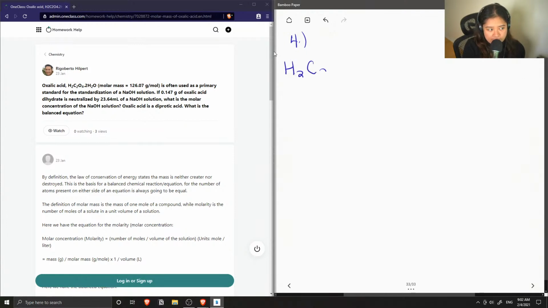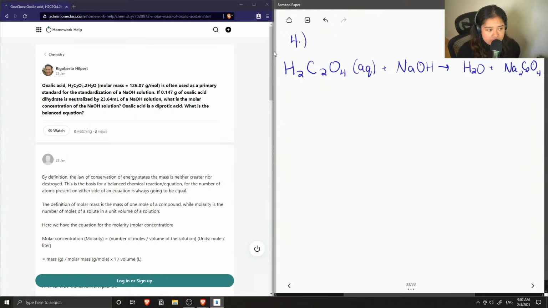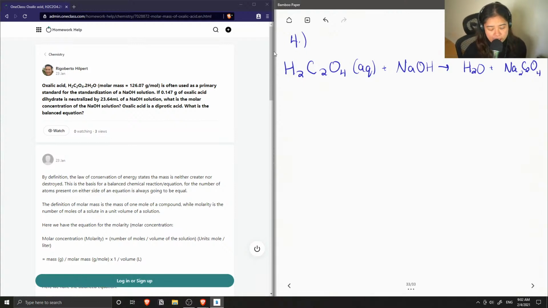If we had oxalic acid plus sodium hydroxide produces water and a salt, which would be sodium C2O4. Okay, so this is the neutralization reaction.